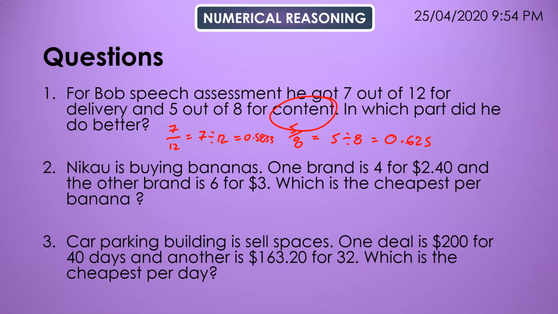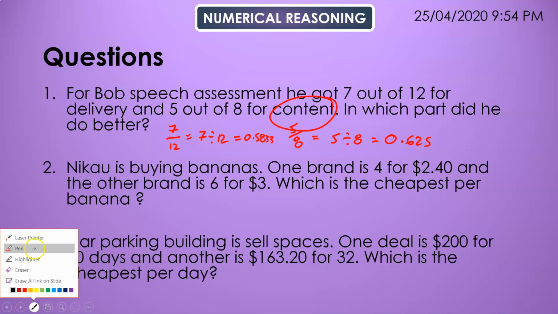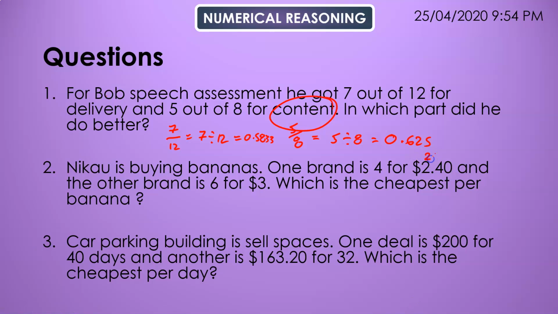Right. Nikau is buying bananas. One brand is 4 for $2.40, and the other brand is 6 for $3. So this is an example of a rate rather than a fraction. So I'm going to change it so that we're not thinking about dollars and cents, that we just think in straight cents. So 240 cents for 4, and it's 300 cents for 6.